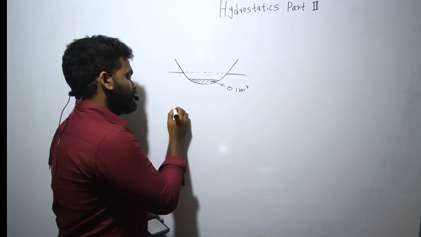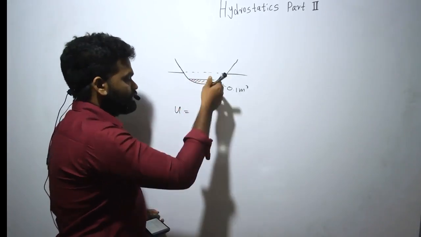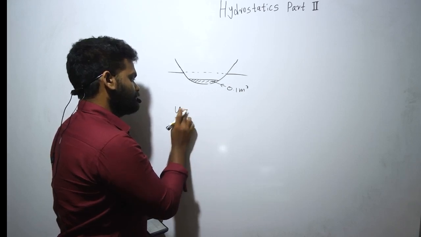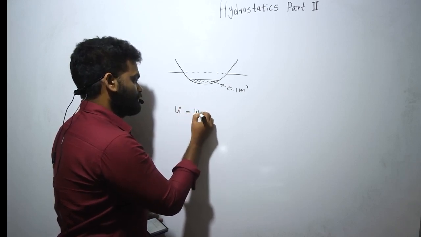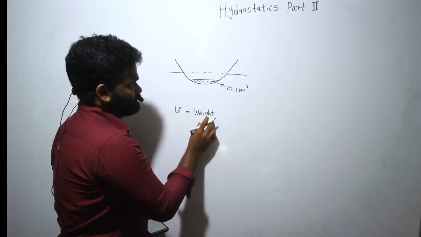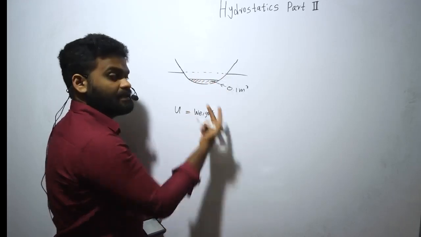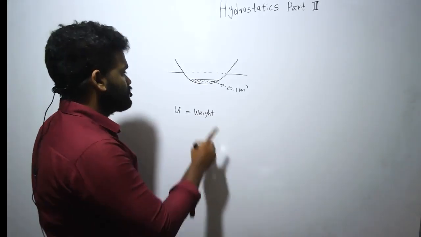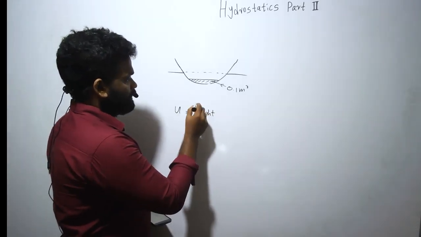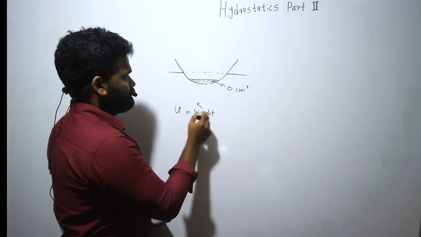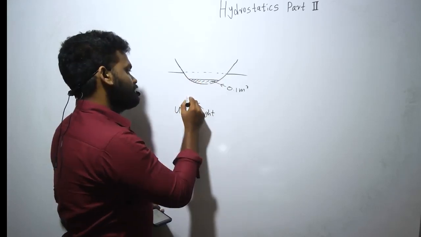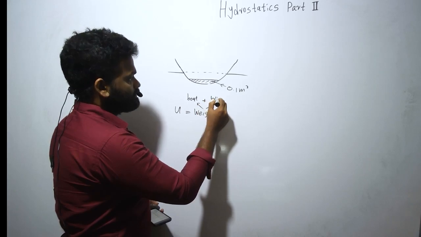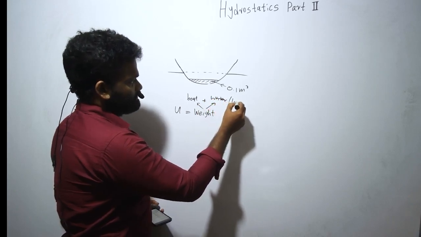Since this is floating, upthrust is equal to weight. The weight of the boat is balanced by the upthrust. That's why this is floating, right? So what is the weight of the total thing? Part of it is the boat, another part is water.